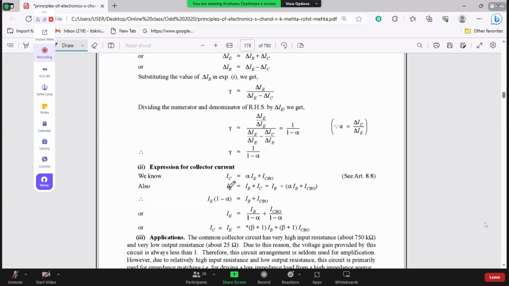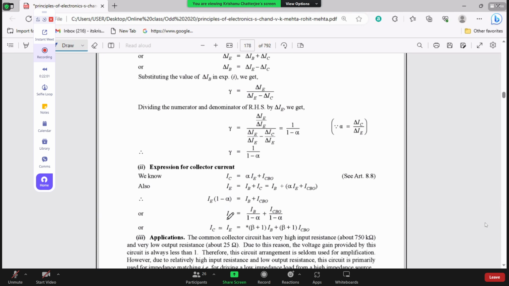Just the way we have done in the common emitter configuration, the alpha IE we can change. We are bringing it on the left hand side. So IE taken common, giving you IE into 1 minus alpha equals IB plus ICBO.